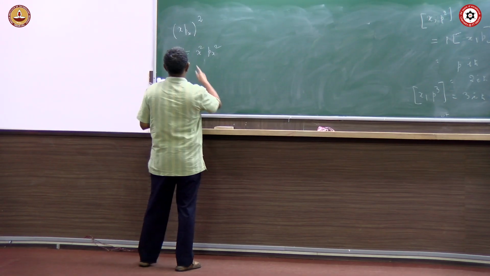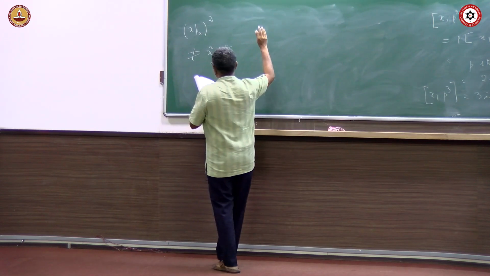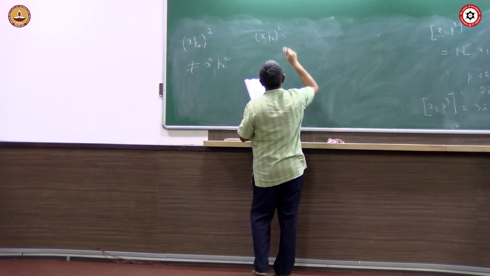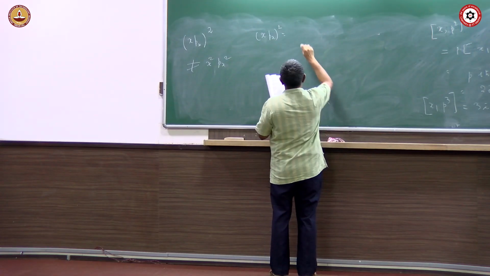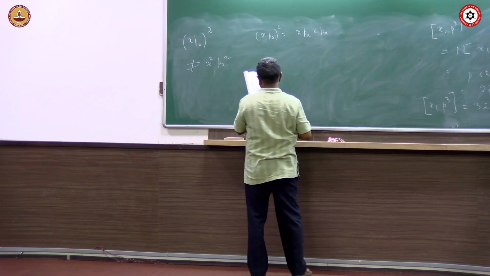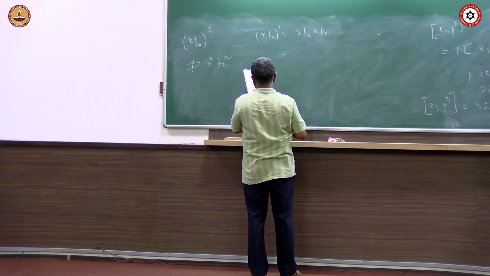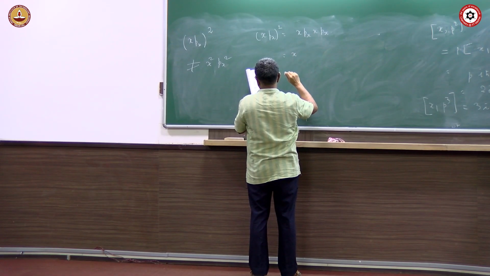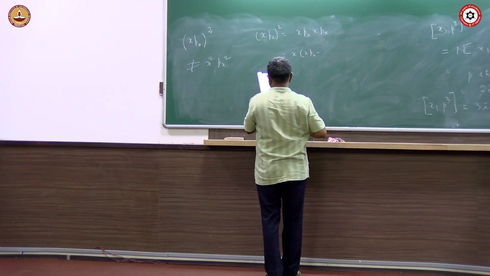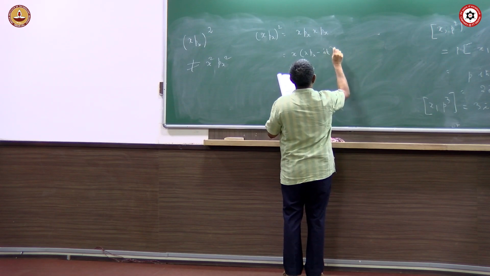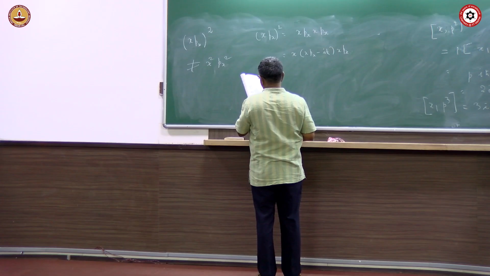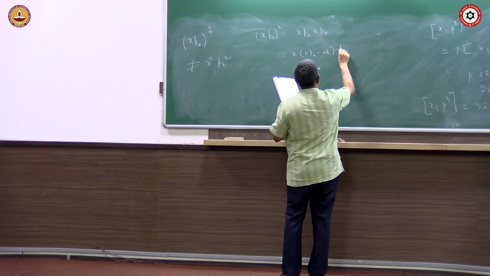So this is, I'll just give a hint. x p_x square equal to x p_x into x p_x. So this can be written as x into (x p_x minus iħ) times p_x.